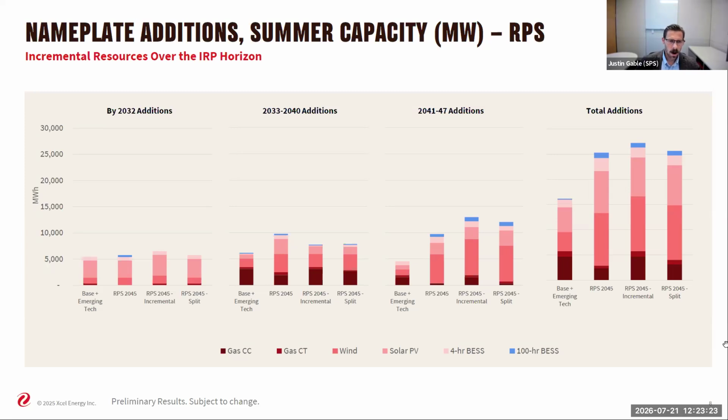So on the left-hand side, the by 2032 editions, regardless of what scenario we're talking about, we're really seeing a very similar build out between all runs. And just to remind folks, on this graphic, you see an RPS 2045, you see an RPS 2045 incremental, and RPS 2045 split.